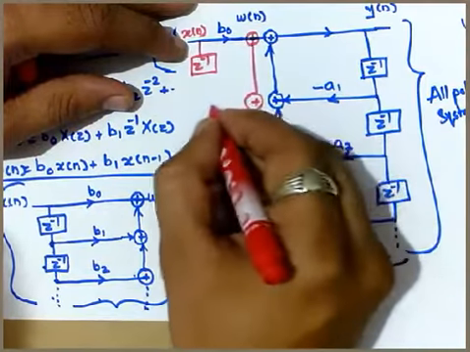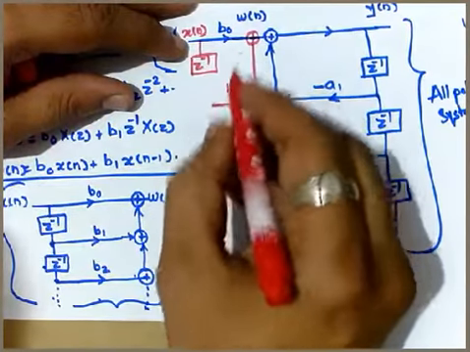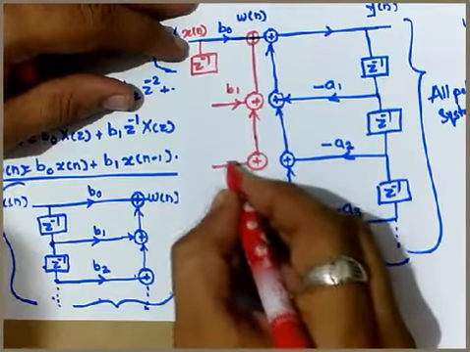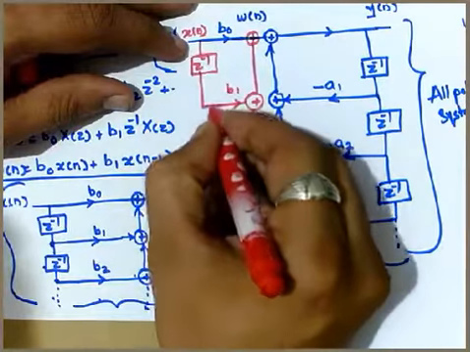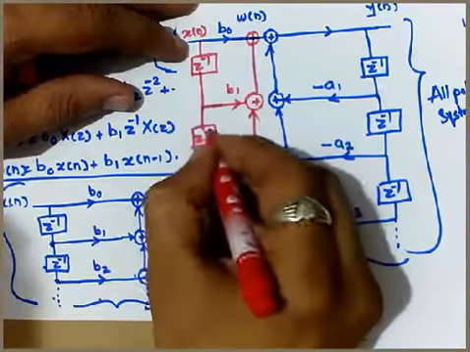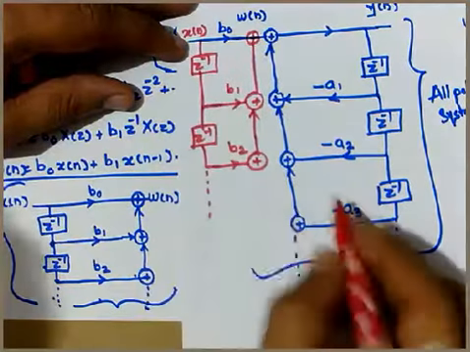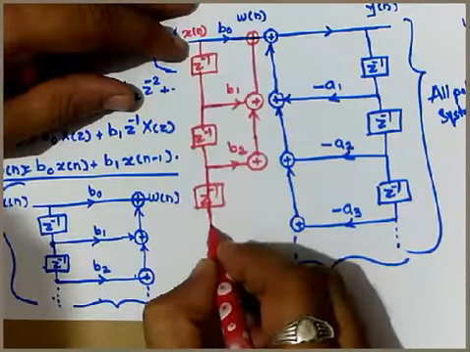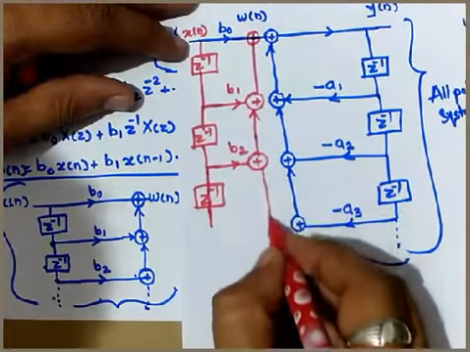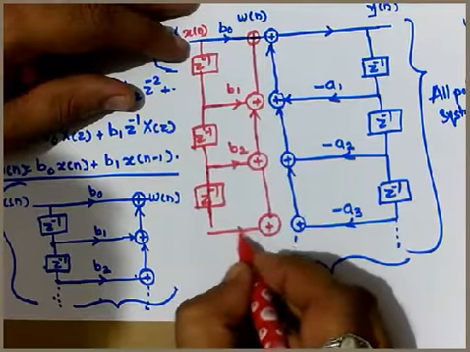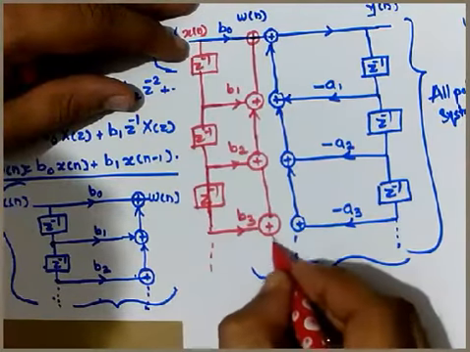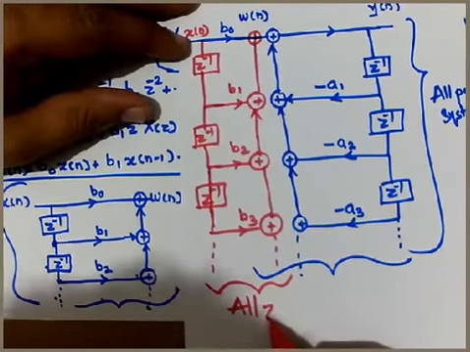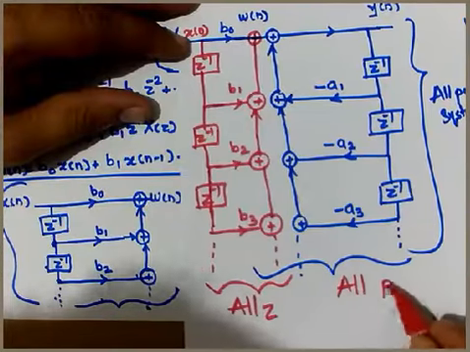Again add B1, B2, Z inverse, this is Z inverse, dot dot dot. For understanding let me add one more Z inverse, and this will be B3. Later on we can add it further. So this red color portion is nothing but the all zero part, and this is the all pole part.